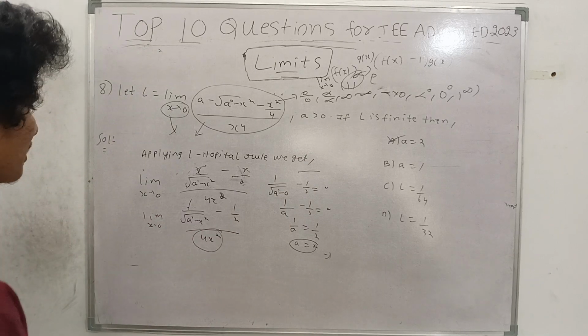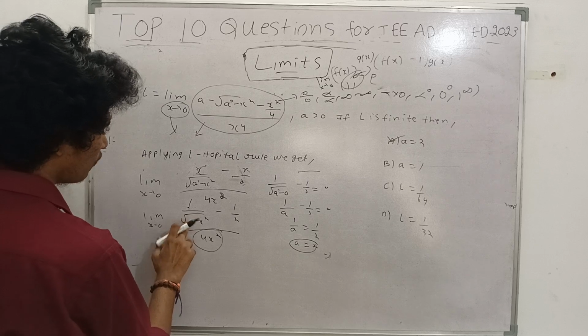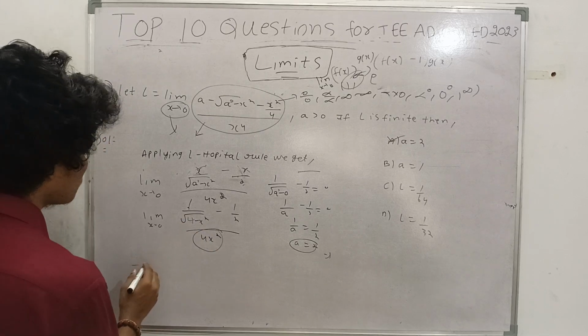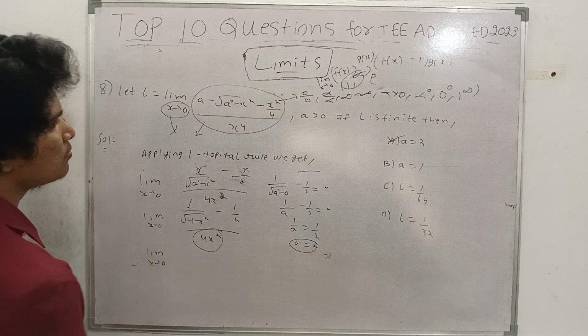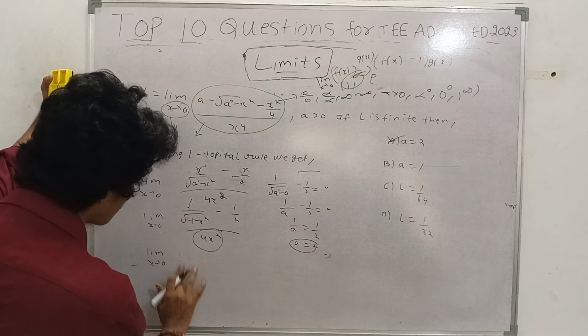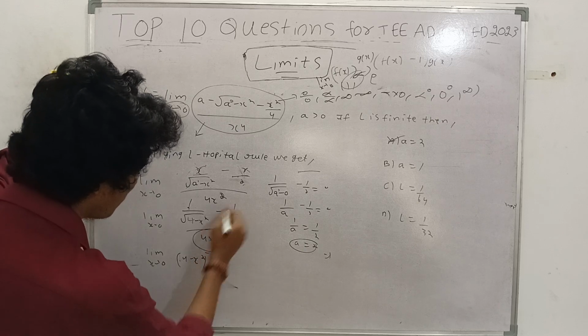Now we have to evaluate the limit. Now what have we done? A equals 2, so it will be 4. Now again I am differentiating. Limit x tending to 0, it will be 4 minus x square whole power minus 1 by 2. It will be 0.